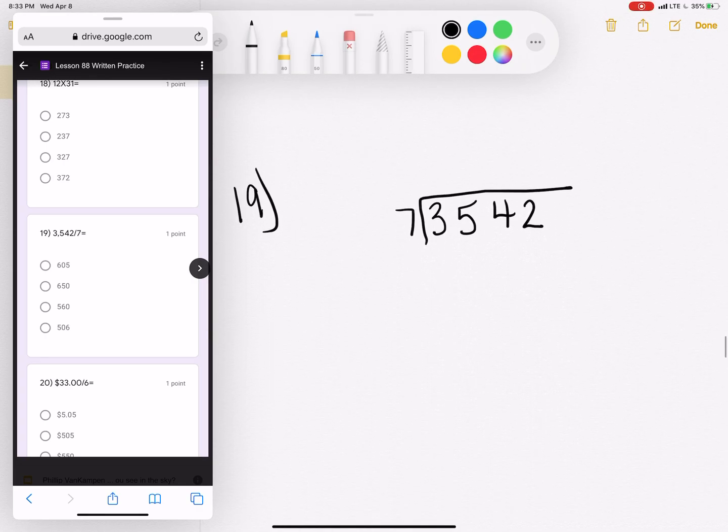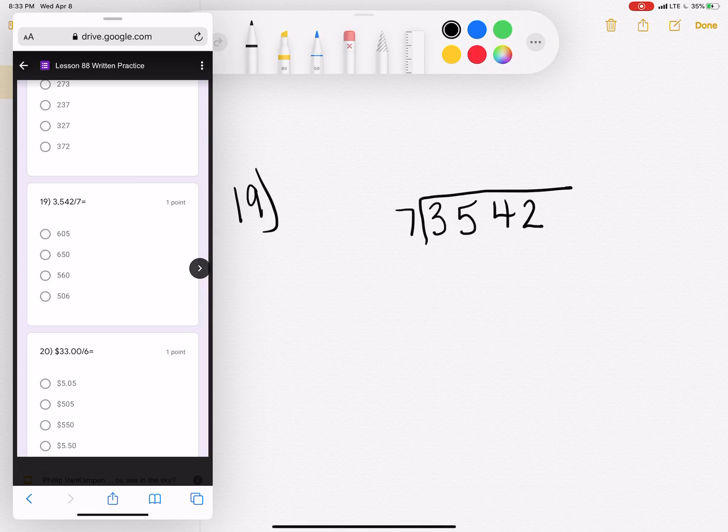Number 19. 3,542 divided by 7. 7 times 5 is 35. 35 minus 35 is 0. How many 7s are in 4?